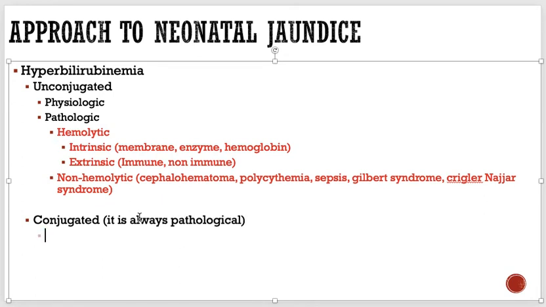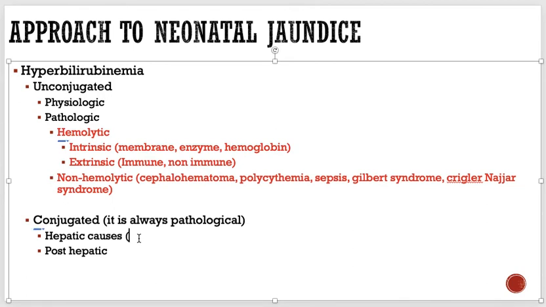Conjugated hyperbilirubinemia is always pathological. It can have two causes: hepatic causes as well as post-hepatic causes. Simply, either the problem is in the liver, or the problem is after the liver.